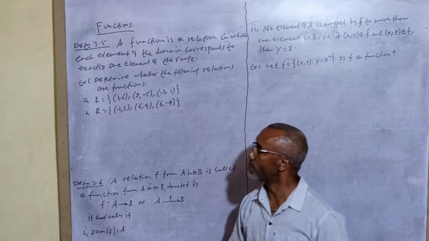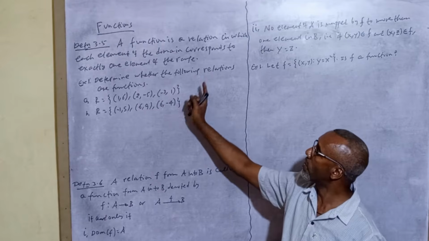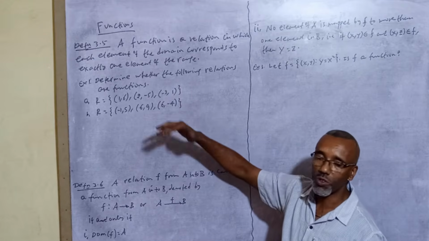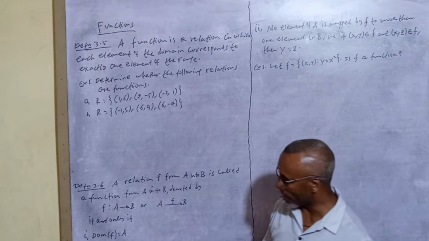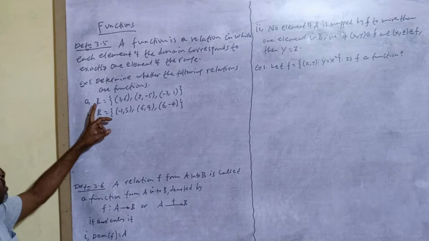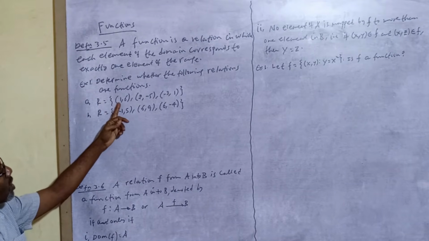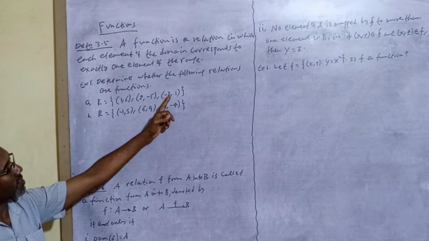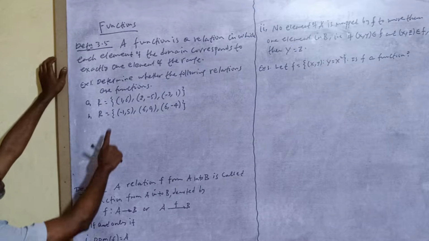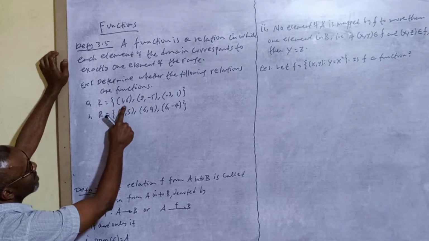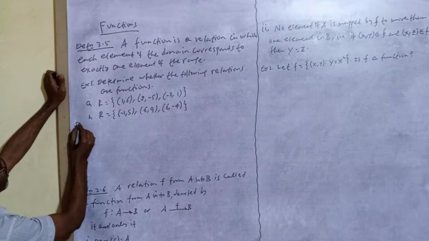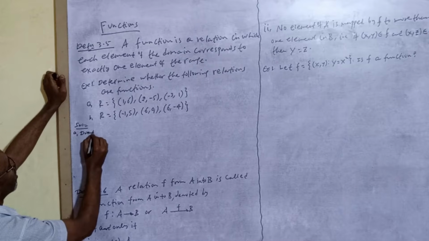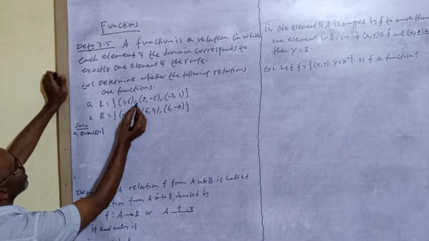As an example, determine whether the following relations are functions. Take the relation r equal to the set containing (1, 6), (2, -5), (-3, 1). The domain of r is the set containing 1, 2, -3.